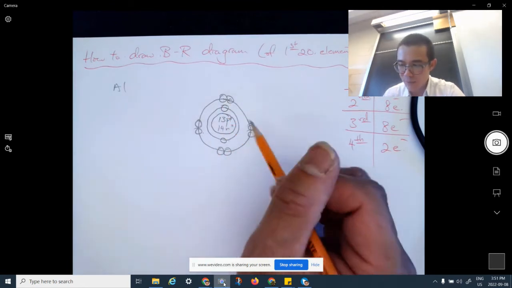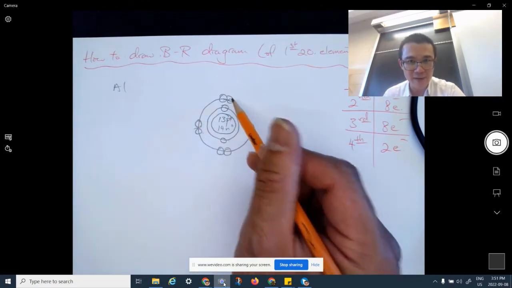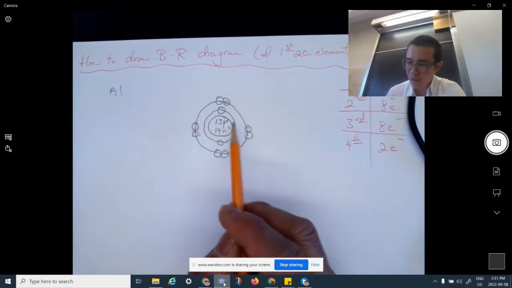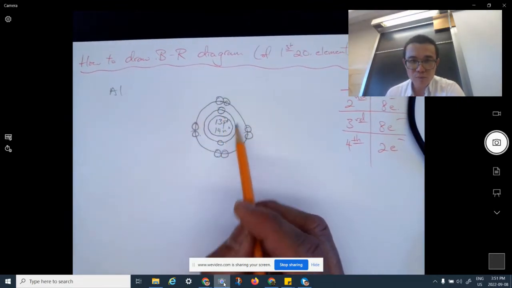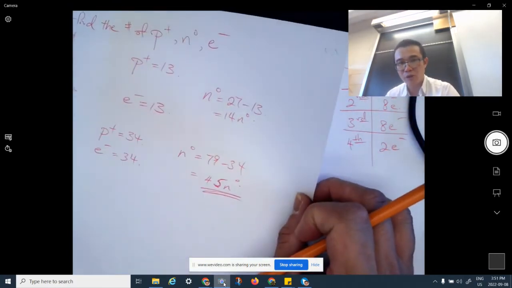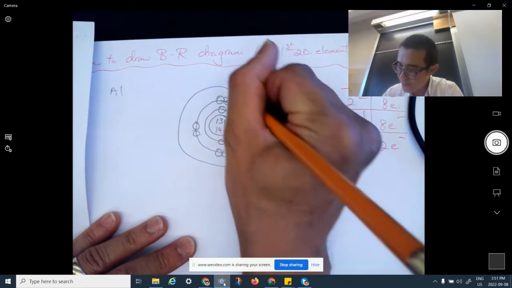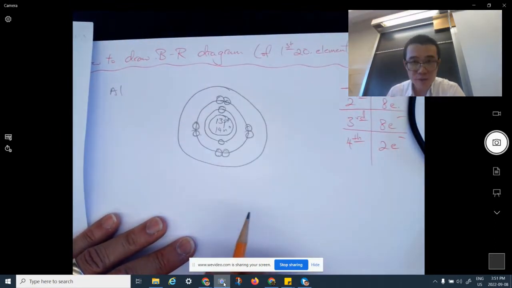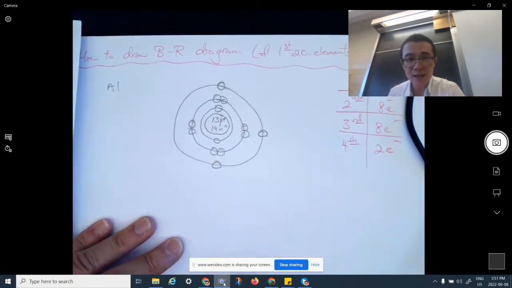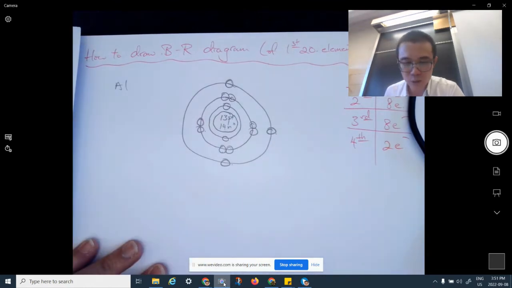So it would be 1, 2, 3, 4, and then the fifth one would be paired up: 5, 6, 7, 8. So we have 2 plus 8, that's 10 electrons already. We just need 3 more, so on the third shell we have 3 more electrons: 1, 2, 3. That will be a Bohr-Rutherford diagram for aluminum.